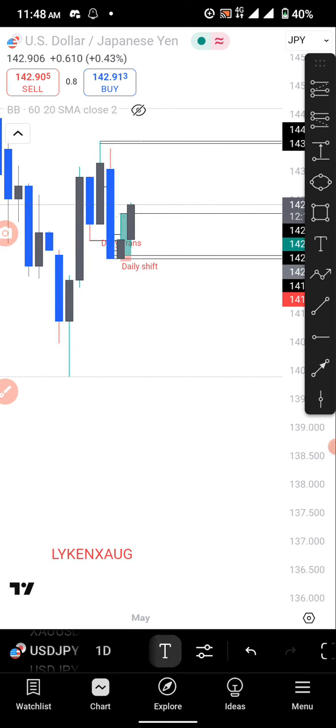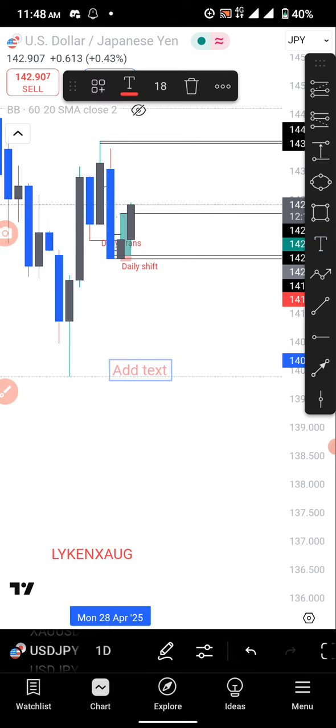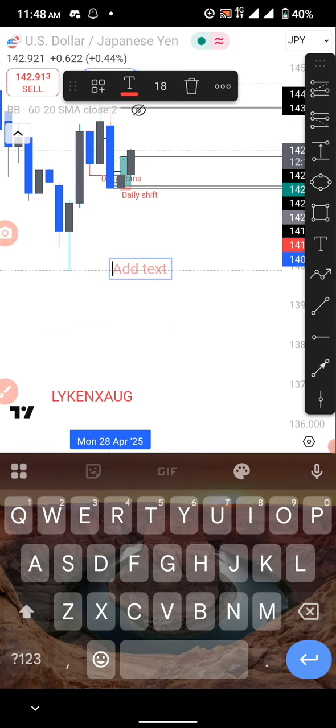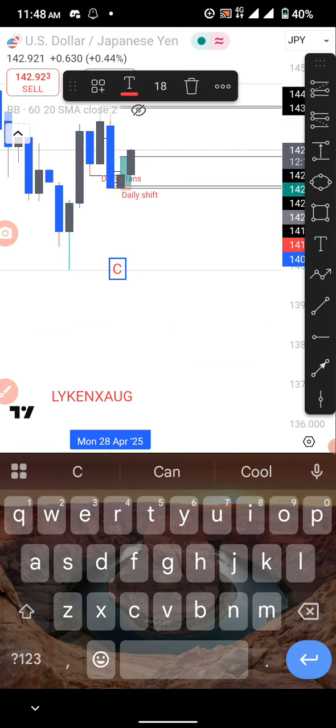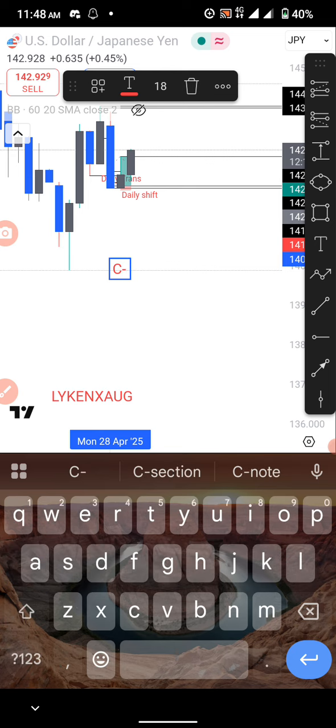So let me first give you the time frames we use. First, we have the constant time frame. Constant time frames are time frames that don't change easily. So this is our daily time frame.